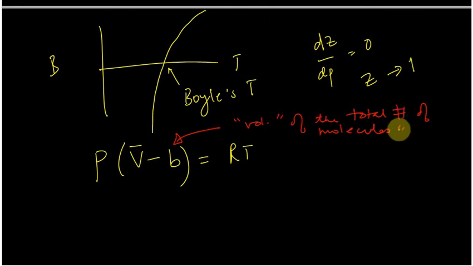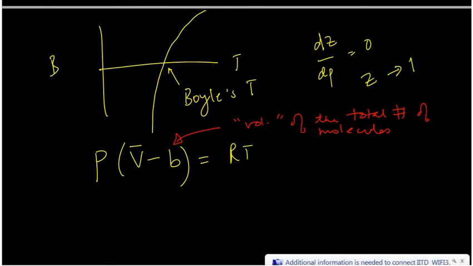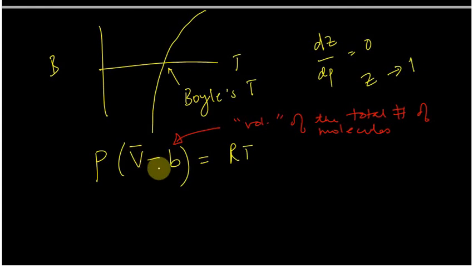Okay, no need for this here, right? Okay, and what about the pressure? Yeah, the pressure stays like that. So now this is P into V molar minus B, right?